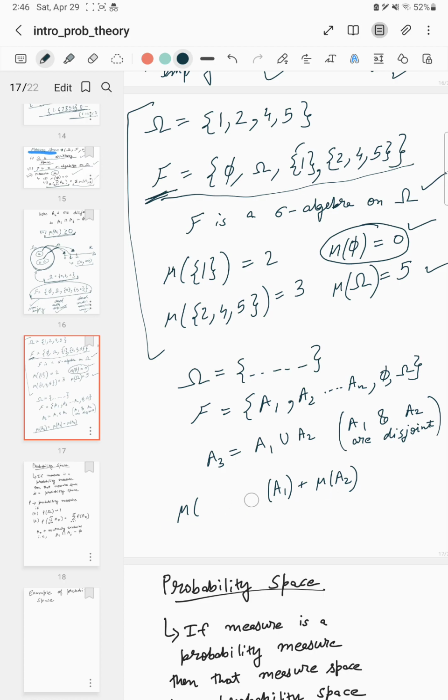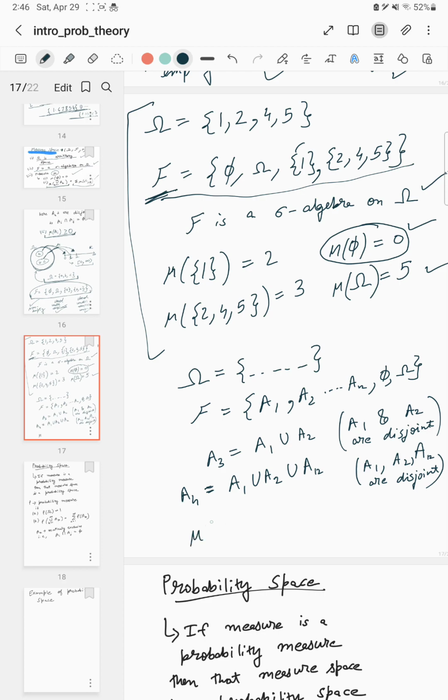And let's say we have another set A4 which is a union of three disjoint sets, A1, A2 and let's say A12, where all of them are disjoint. A1, A2, A12 are disjoint, so they don't have any element in common. So we would always see that mu of A4 is always going to be greater than or equal to mu of A3.